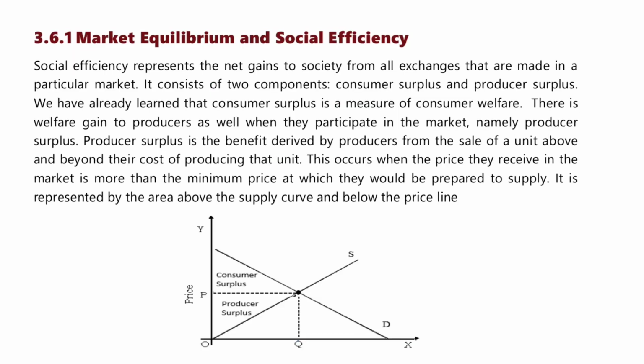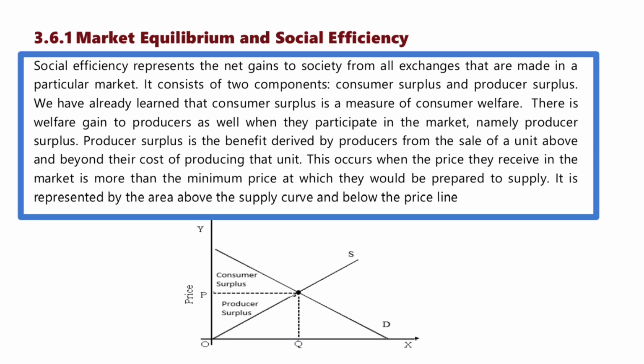Now we shall move to the last topic of this chapter, namely market equilibrium and social efficiency. What is meant by social efficiency? When the maximum social surplus is achieved by both the producers and consumers, that means the price is at equilibrium.